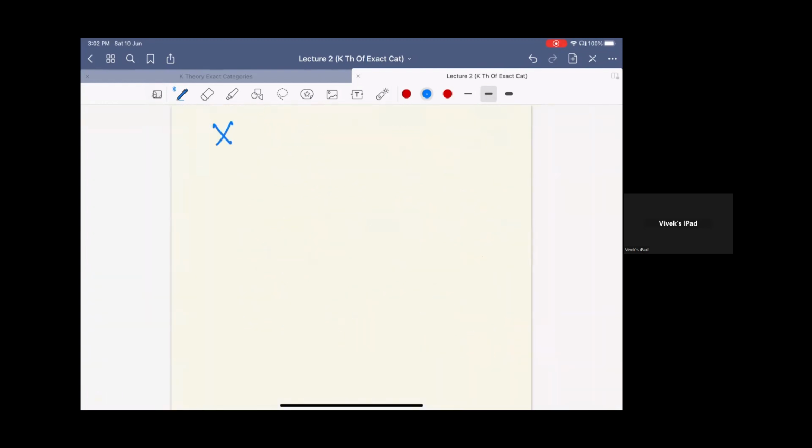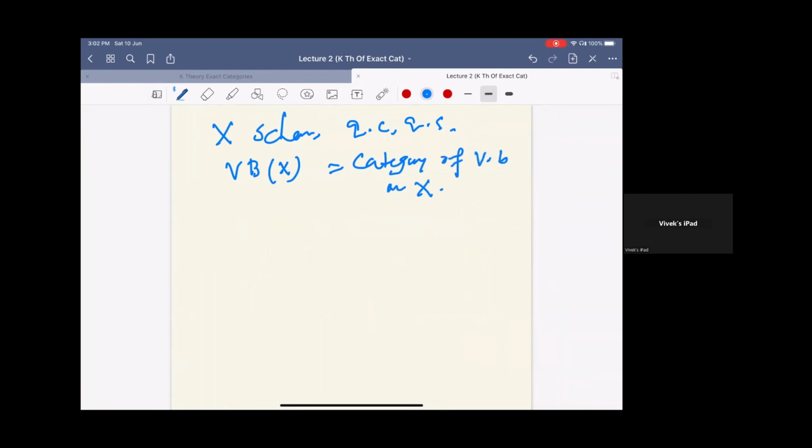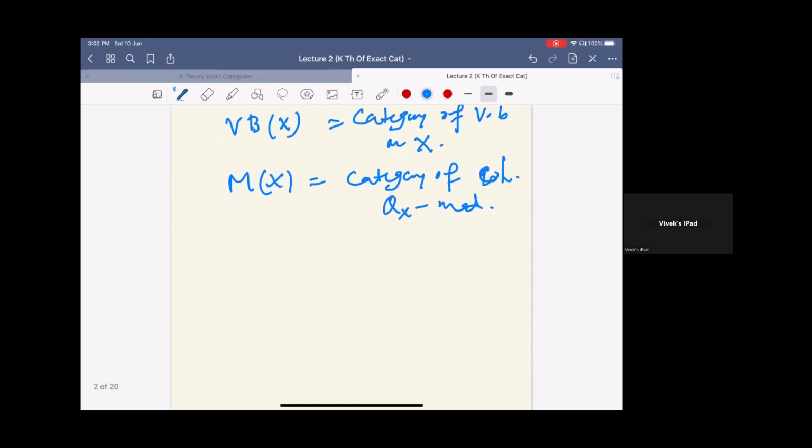And in fact, even for a scheme X, quasi-compact, maybe quasi-separated, we take the vector bundles over X, and MX is the category of coherent OX-modules. Then both are again exact categories.